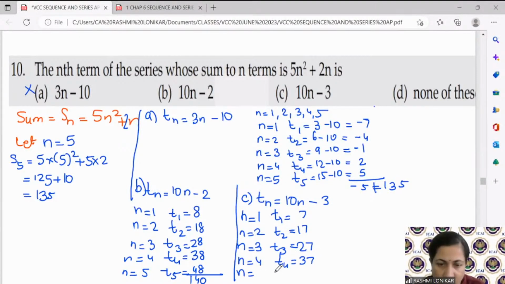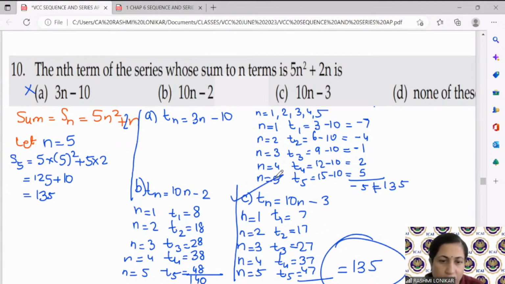N is equal to 5. T5 is equal to 50 minus 3, 47. Now when I add them, 7 plus 17 plus 27 plus 37 plus 47 is equal to 135. Okay, so C is my correct answer because this sum should also be equal to 135. So C will be the correct.